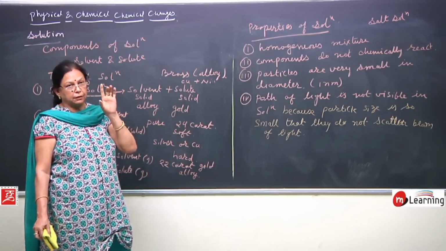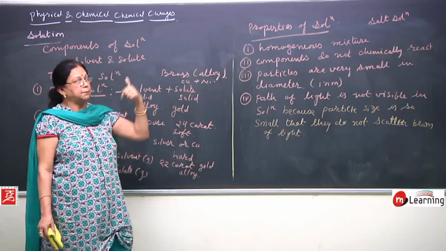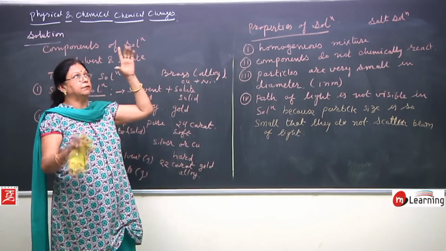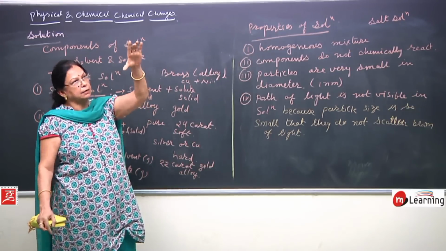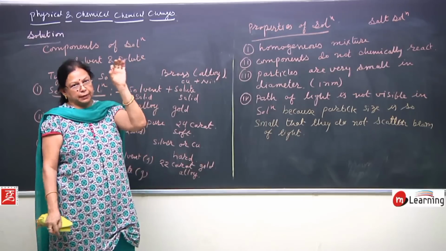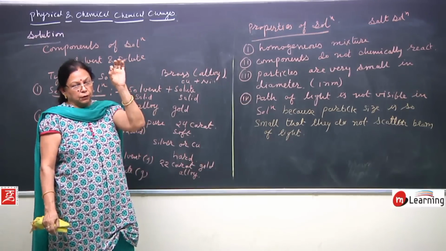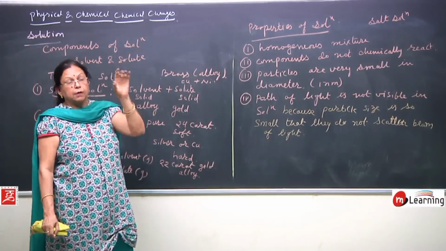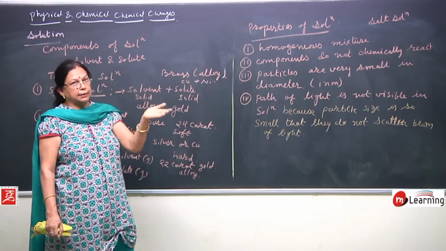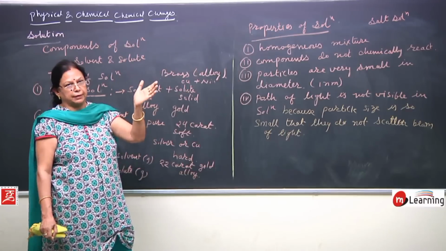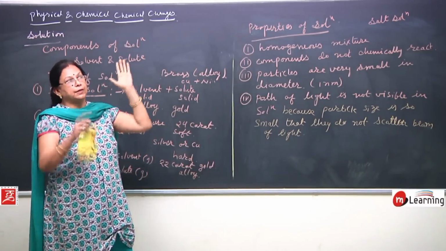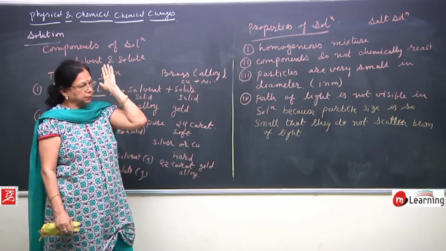Or otherwise in the picture hall, the film is projected from the back, and in that light which is coming on the screen, you can see dust particles. Why can you see that light? Because those dust particles are bigger in size and they can scatter the beam of light, so that light is visible to you.